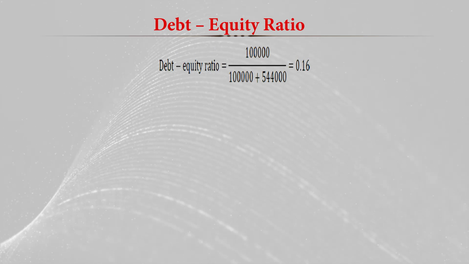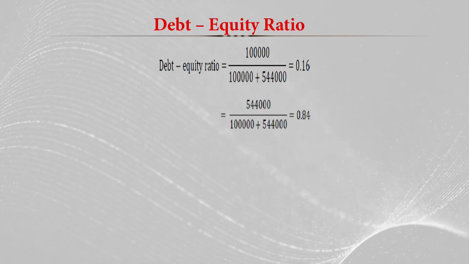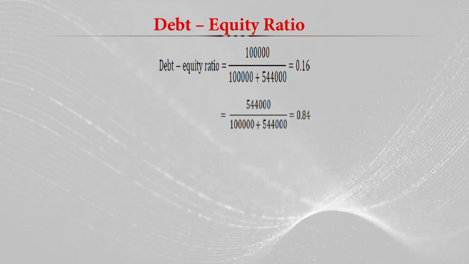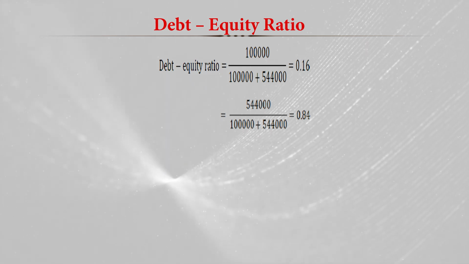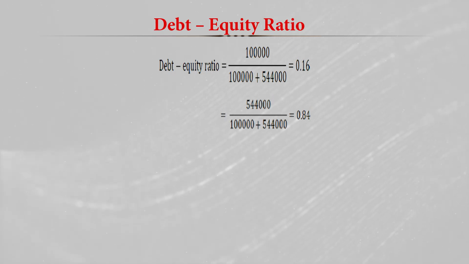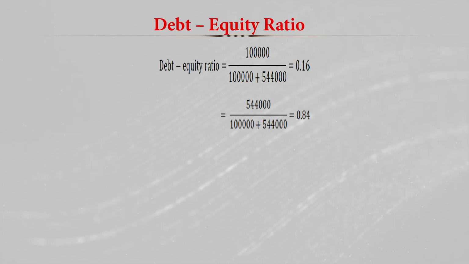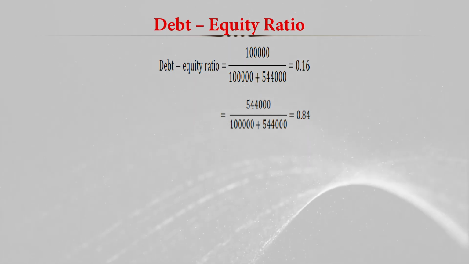When we calculate with the equity, 5 lakh 44,000 is the total equity, and the long term liability is 1 lakh. So, for calculating the other ratio, 5 lakh 44,000 is divided by 1 lakh plus 5 lakh 44,000.